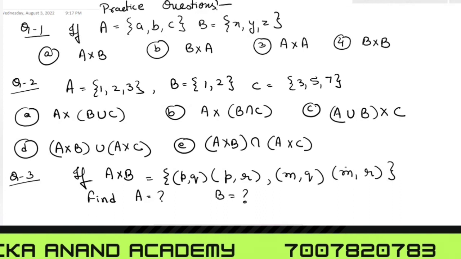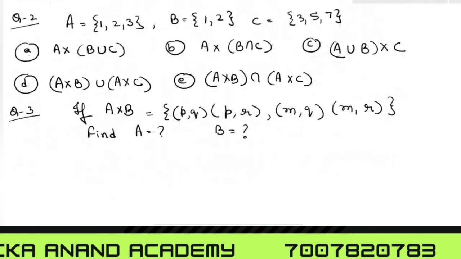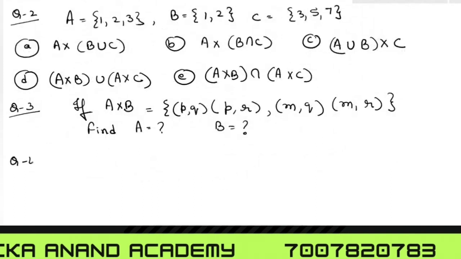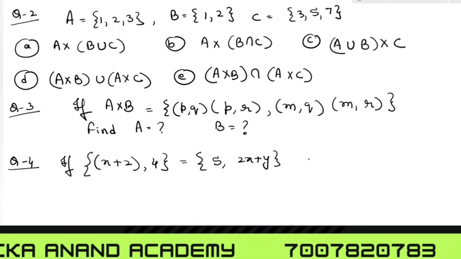Clear? Yes, ma'am. Now question number 4. If x plus 2, comma 4, is equal to 5, comma 2x plus y. Find x and y.